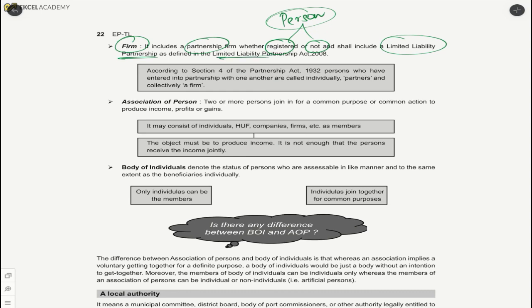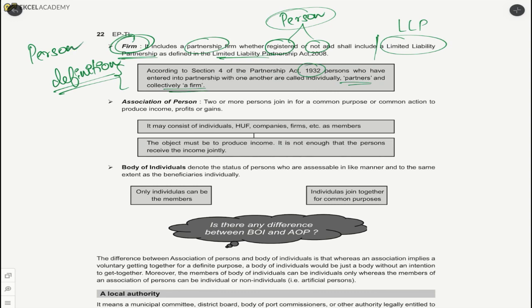That means this wasn't there earlier. Now they have included LLPs as well. So according to section 4 of the Partnership Act 1932, persons who have entered into partnership with one another are individually called partners and collectively a firm. This is nothing but the definition of the firm. So what you have to remember is firm, including LLP, also comes under the definition of person.